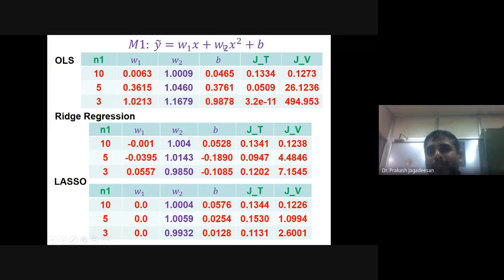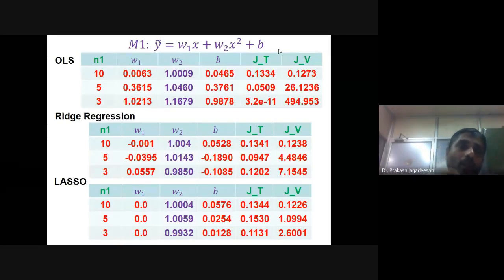So Y tilde is W2 X squared plus B. I have assumed a wrong model structure, but the algorithm is able to figure out that Y tilde is not a function of X; it depends only on X squared plus B in the case of Lasso. Irrespective of the number of observations, W1 has become 0.